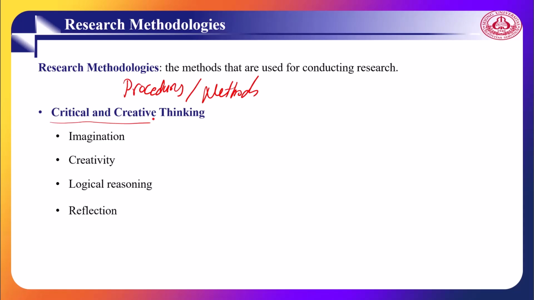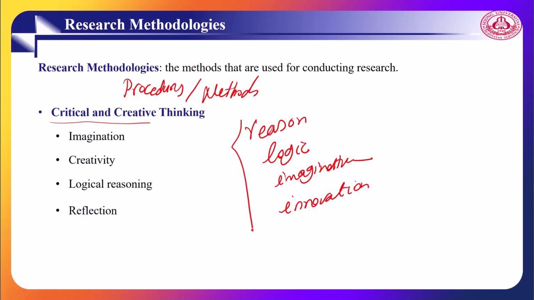So critical and creative thinking involves the researcher thinking broadly and also deeply, using some skills, behaviors, and dispositions like reason, logic, resourcefulness, imagination, and innovation. These are something that the researchers must be equipped with, right?